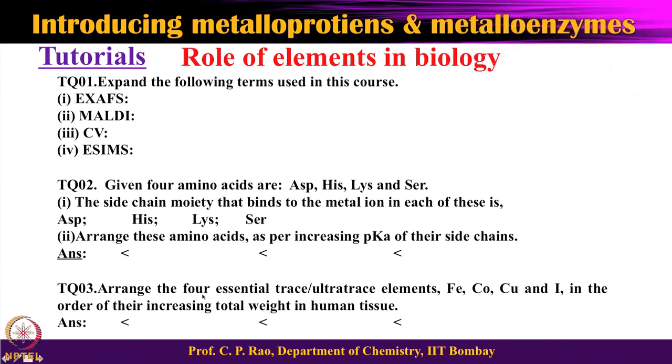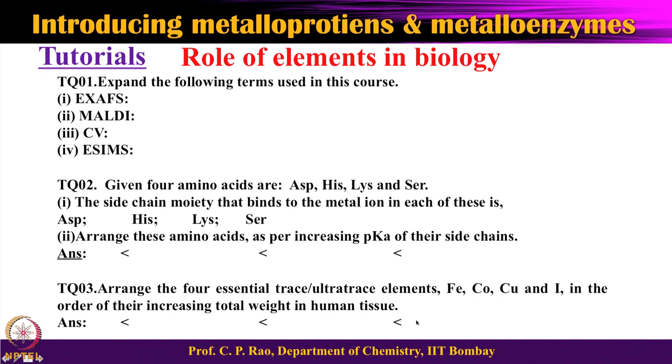Okay, go to the next query. This is something to do with the essential trace elements. I gave how much of them is present for a particular body weight, etc. Based on that, these are all essential trace and ultra trace elements: iron, copper, cobalt, iodine, etc. These are all present in human tissue.